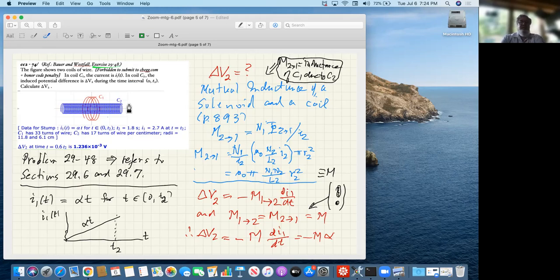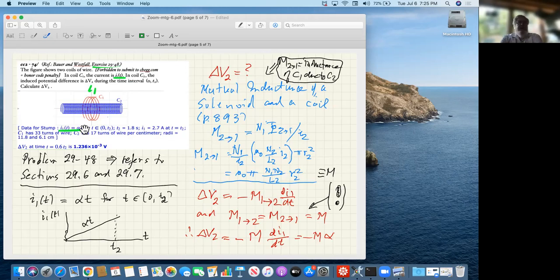We can think of C2 as a solenoid. It's a long helix of wire. We can think of C1 as kind of a shorter set of a few loops of wire carrying a current I1. All right. Now, I1 is given here. It's time dependent.